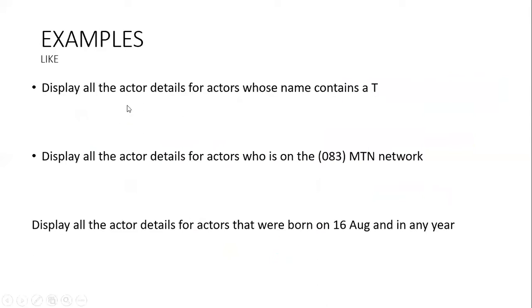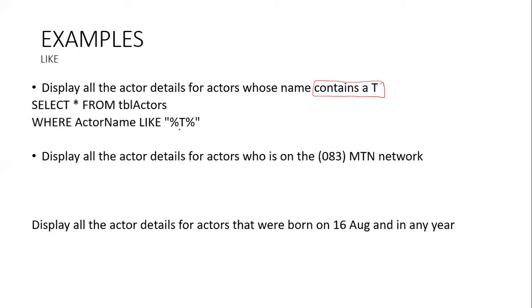More examples, display all actor details for actors whose name contains a T. So we are not interested in whether it starts with a T or ends with a T, but it could be even in between, but it must contain a T. And the pattern that we are looking for is having a T, anything before, anything after.